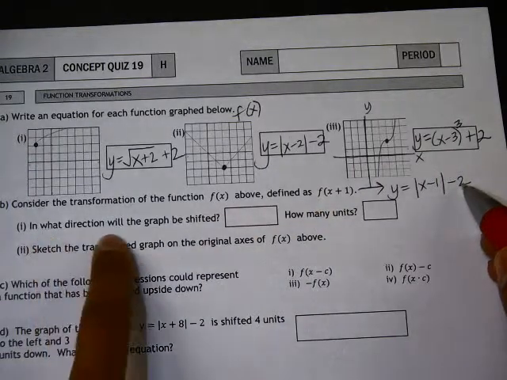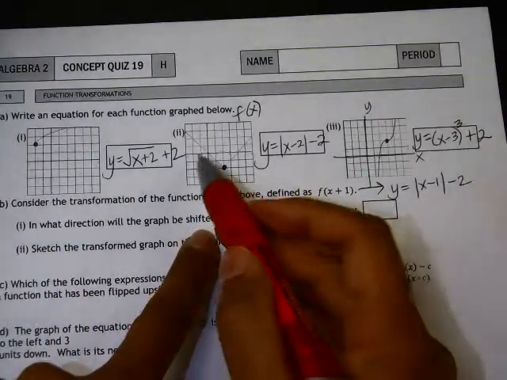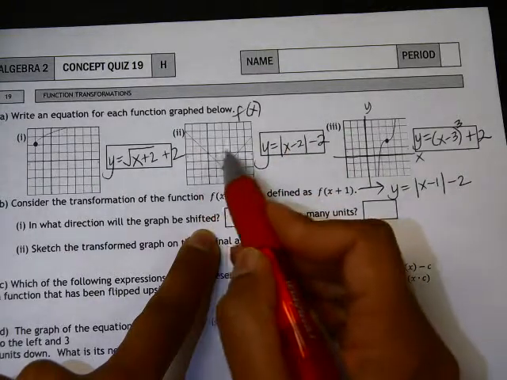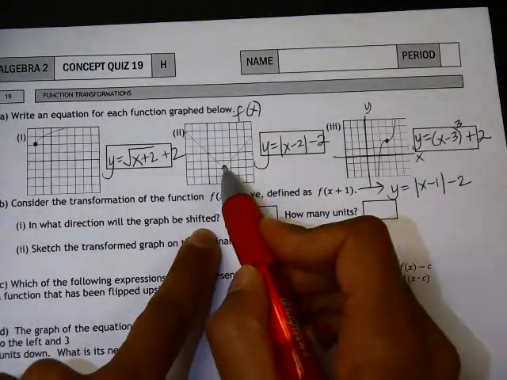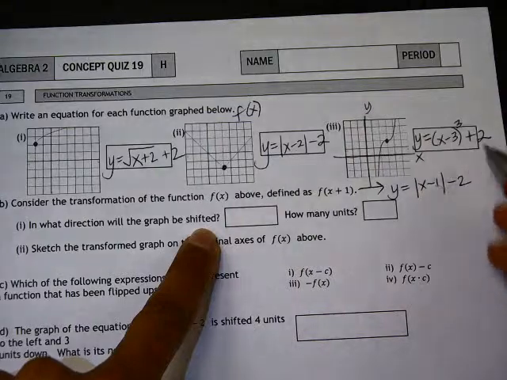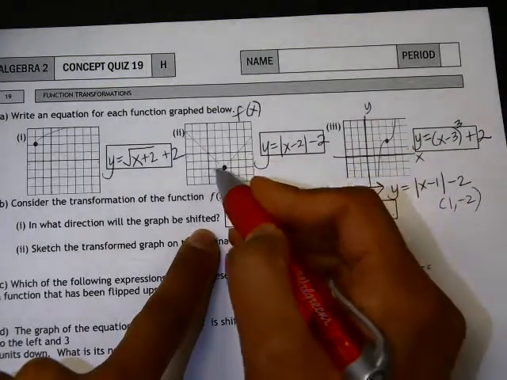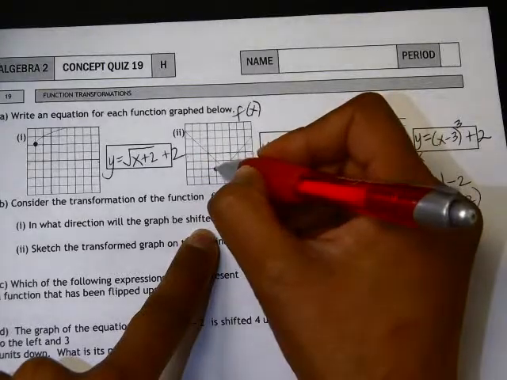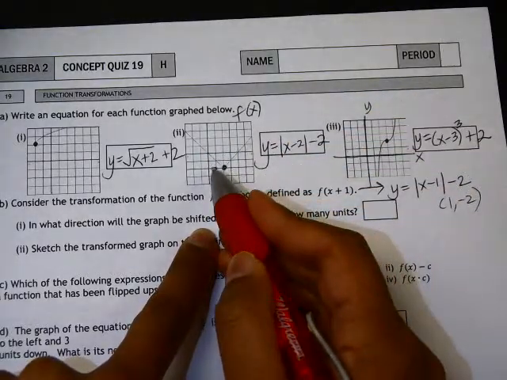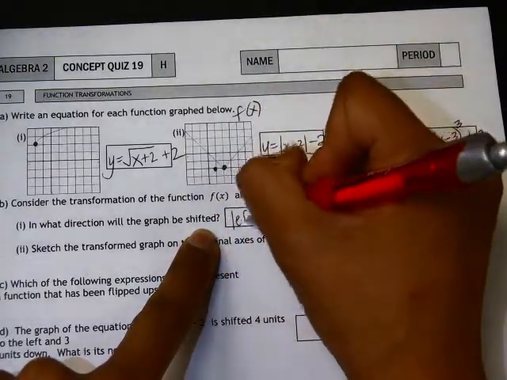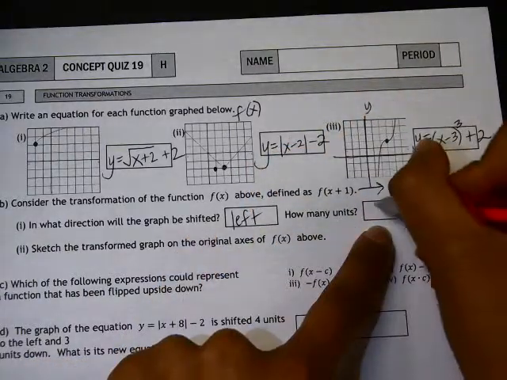And we're being asked what direction will the graph be shifted. So originally it was at 2, negative 2, the locator point. Now the locator point is at 1, negative 2, which would be right here. So the graph is being shifted to the left, just by 1 unit.